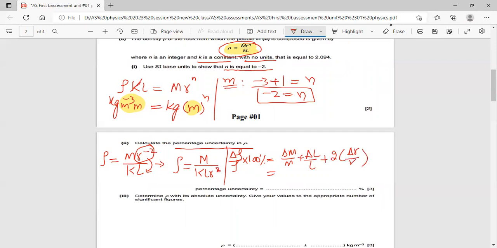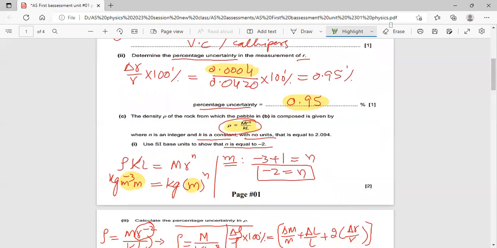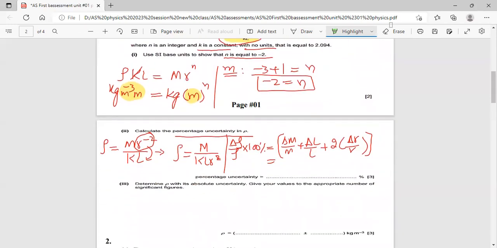All values are given, the values of delta L, delta R, delta M. When you put in all the values and calculate carefully, the answer comes out to be 2%.